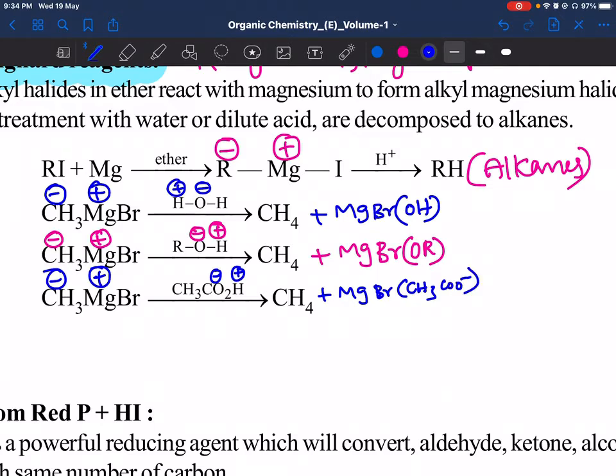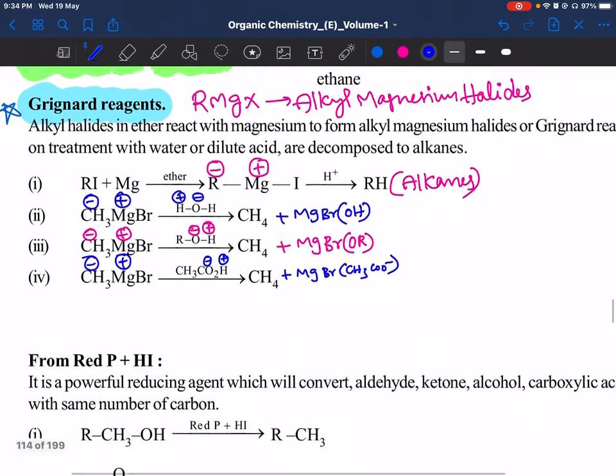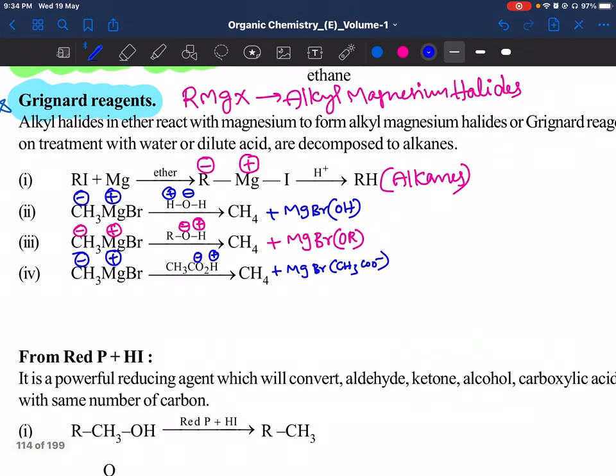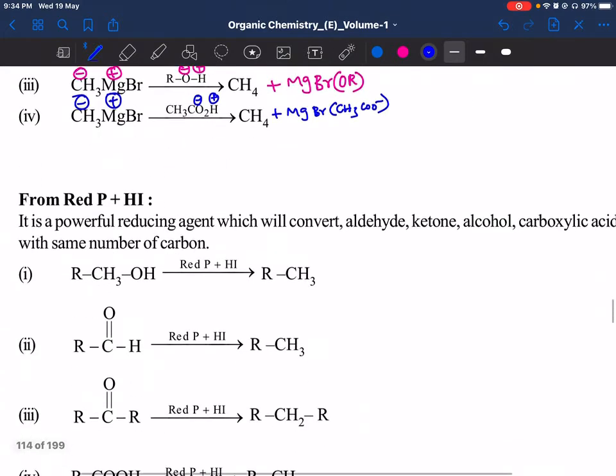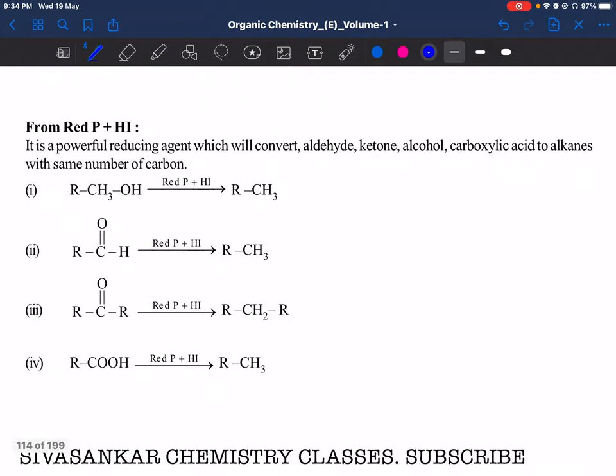So like that, from Grignard reagent we can prepare alkanes when the Grignard reagent reacts with a substance having polar hydrogen, which is able to donate a proton. Okay, so this.